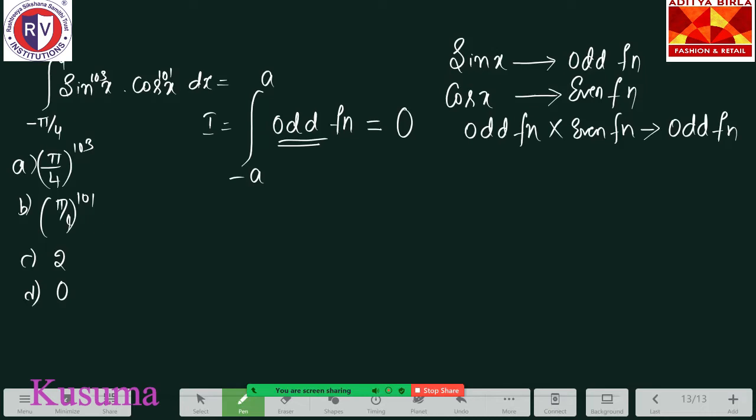Here, since sin x is an odd function and cos x is an even function, that too the odd powers, the product of that will be an odd function. Therefore, the value of the integral will be equal to 0 here. Therefore, option D will be the right answer.